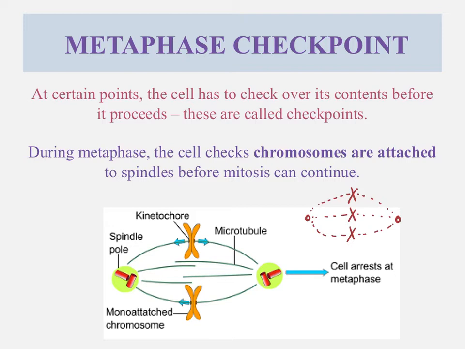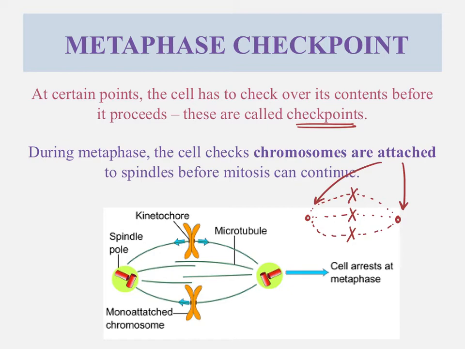Okay, now this whole process of checking over the cell is called a checkpoint. And smartly, scientists have decided that as this happens in metaphase, we're going to call it the metaphase checkpoint. Now, at the metaphase checkpoint, the cell is checking that the chromosomes are attached to both spindle fibres that are connected to both centrioles at either side of the cell.